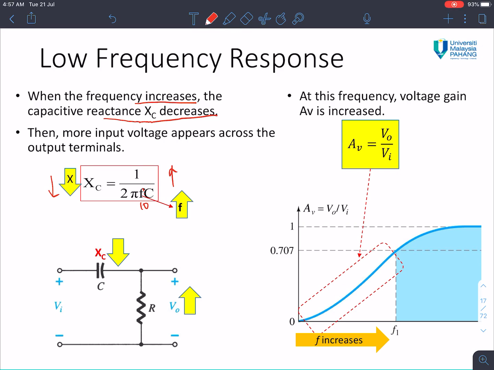So we cannot say here is an open circuit, the capacitor is still here. Then we calculate, and because of this we get V out. V out over V in increases a little bit here. When you increase F, the reactance decreases and the gain increases.